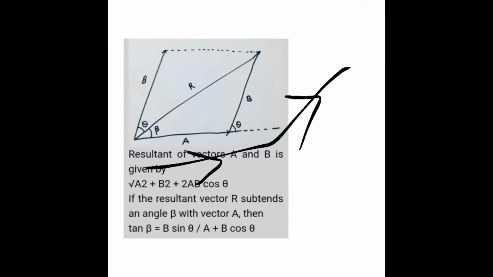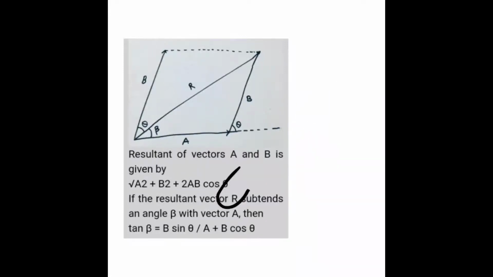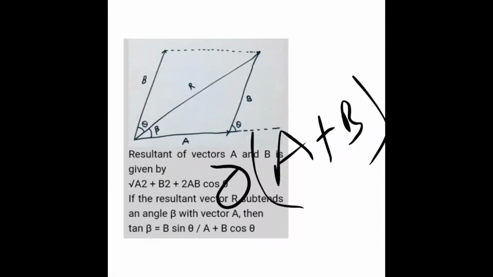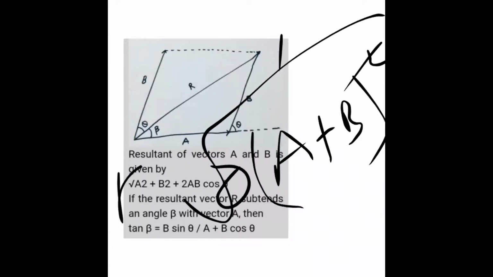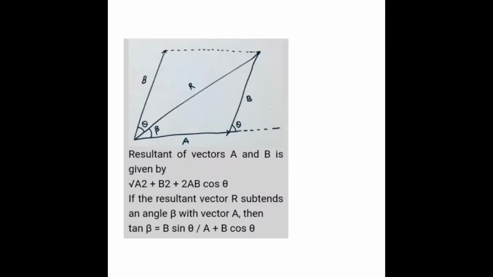When we say same direction, that means 0 degree. So when we substitute 0 degree in the formula, cos 0 we know is 1, so A square plus B square plus 2AB means A plus B whole square. Taking the root, the square and root get cancelled. In that case we get R vector equals A vector plus B vector, that is according to the triangle law. So when the vectors are acting in the same direction, that works, but if they are acting at a particular angle, then we will use this formula.